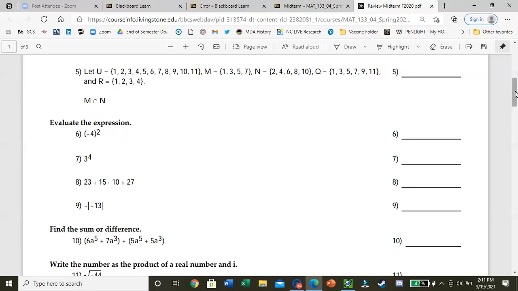So we have set n already, so I don't need to rewrite that. We're looking at m intersect n. Set m is 1, 3, 5, 7.